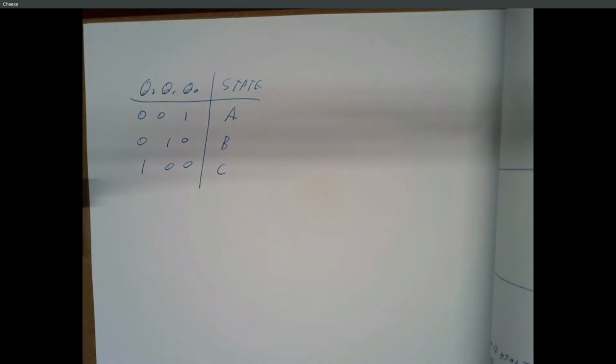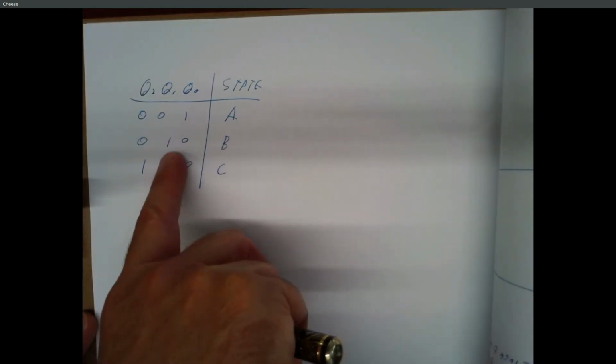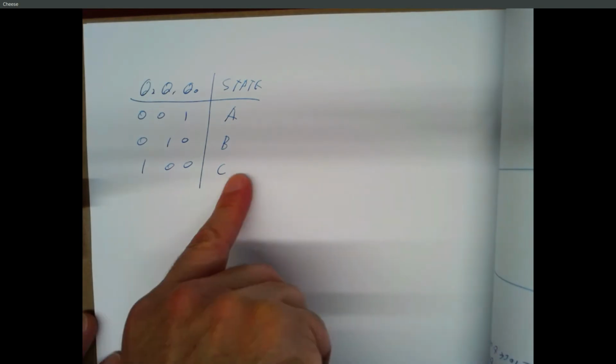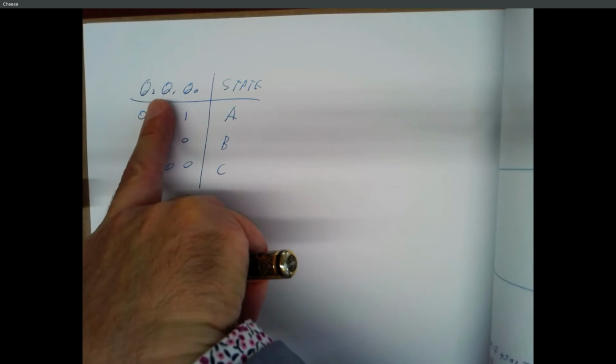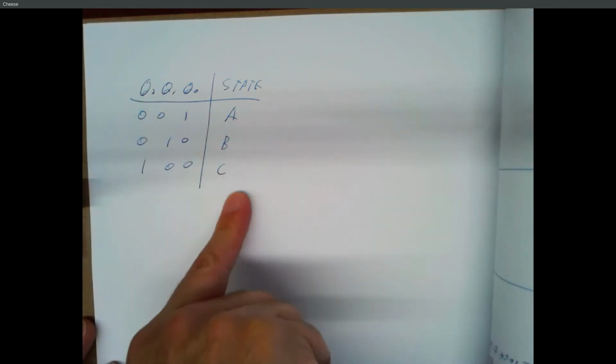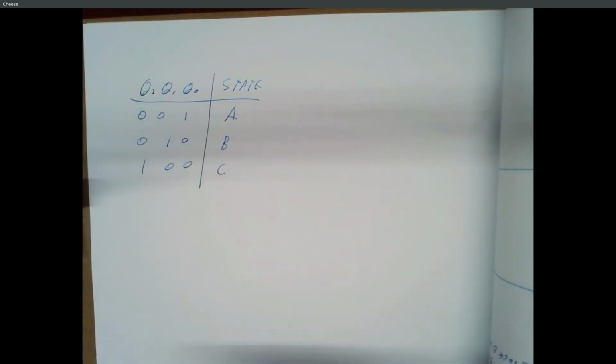So if Q0 is a 1, we're in state A. If Q1 is a 1, we're in state B. If Q2, we're in state C. And we could represent 8 different states with these. We're only using 3 of those 8 possibilities. But that's a perfectly valid thing to do also. And there's actually reasons we might do this sometimes. But we're not going to do that for now. Okay, for now, let's just go with 2 flip-flops. And we'll have 1 state we don't use.